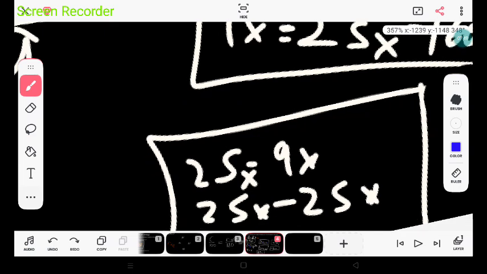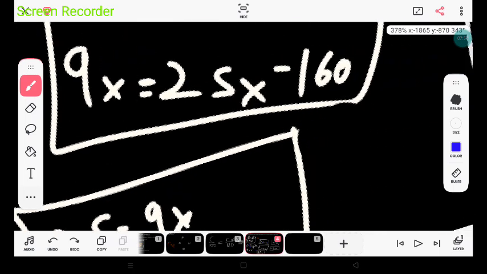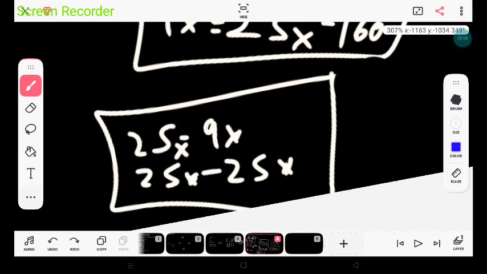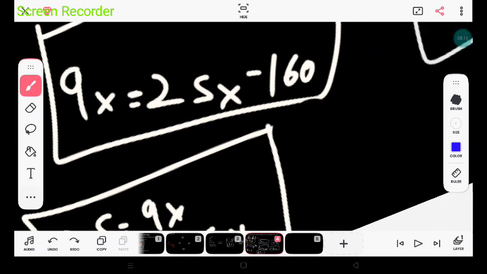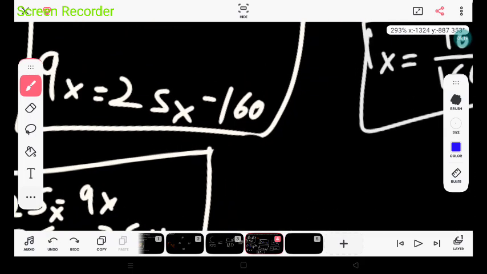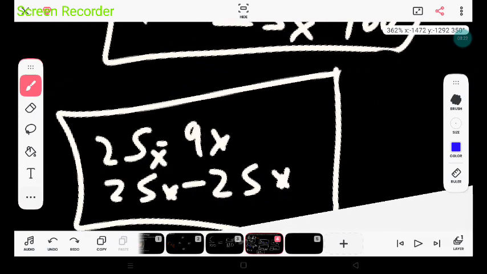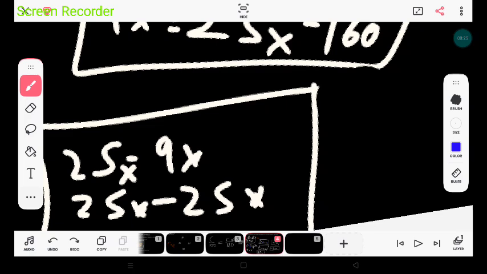After this, we should subtract 25x minus 9x and 25x minus 25x. We cannot subtract 25x by 160 because 160 is not algebra and 25x is algebra.